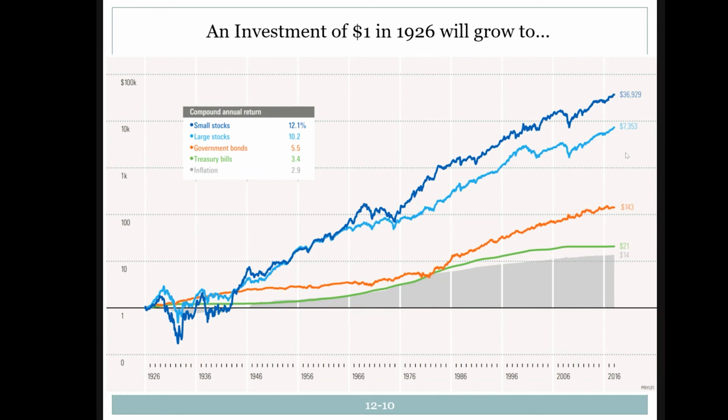Right? Now, where the real money is made, and you can see that in the graph, is in our equity portfolio. Now, this is a logarithmic graph, so that we could fit everything in one slide here. But the light blue line, this is our large stocks. This is a portfolio of the largest companies in the stock market in any given year, the largest half.